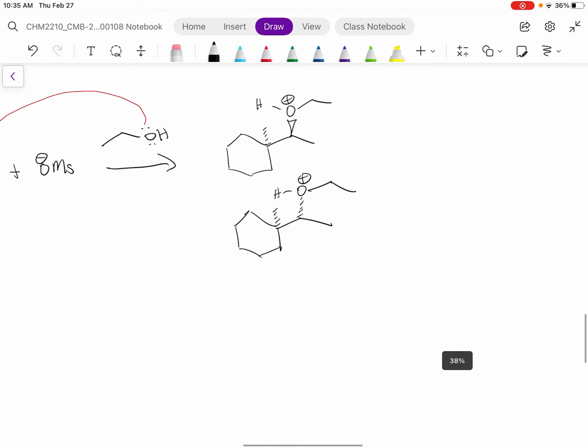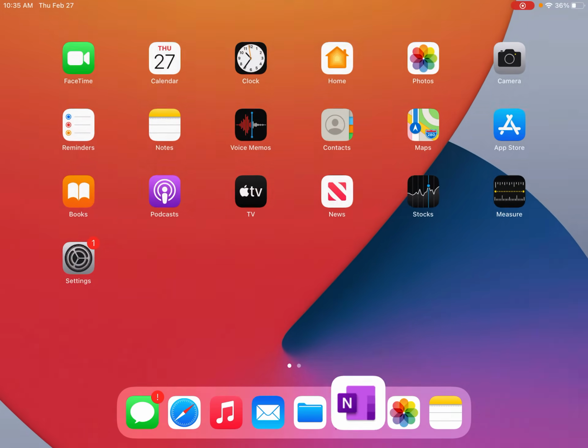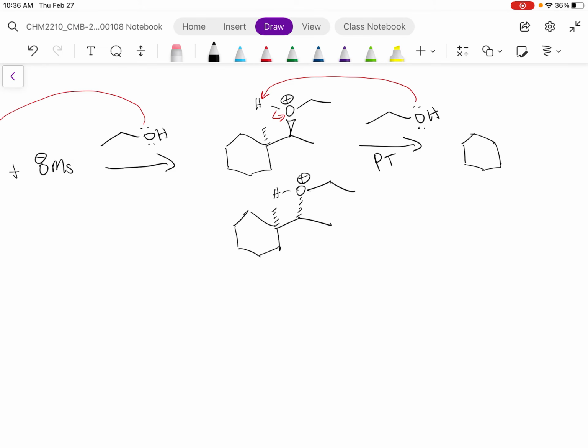And then you would do a proton transfer step in which you take a second ethanol molecule, and that will come in and do a proton transfer step to generate our product, which would look like this.